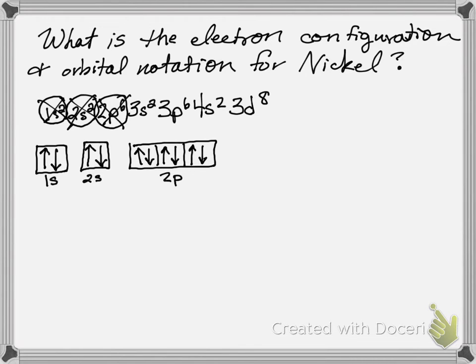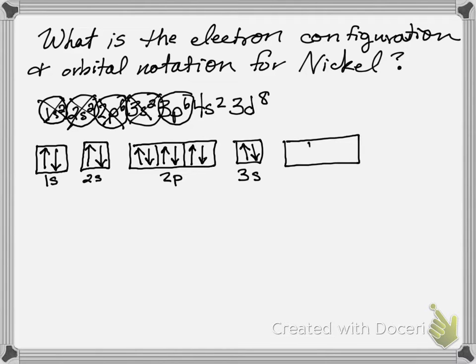That part's done. Let's get to the 3s. 3s only has one box because it's an s orbital. And 2 electrons are in there. Done. Let's try the 3p6. It's another p orbital, so make sure you've got 3 boxes. 3p.